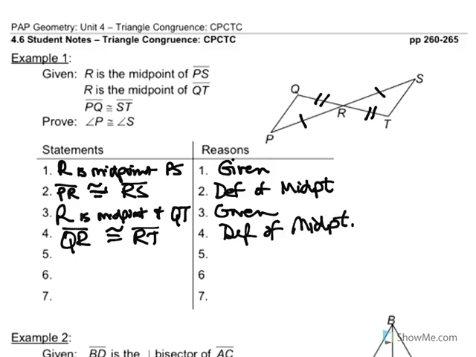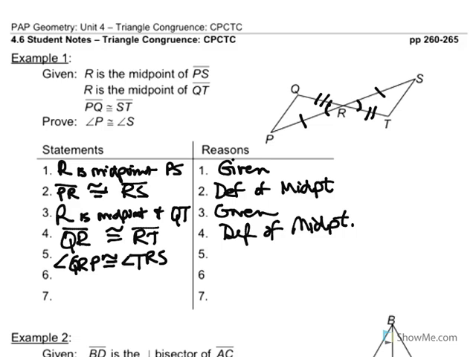Now let's see what else. We can say, how about we do the angles? Let's say angle QRP is congruent with angle TRS. Okay, and how do I know that?